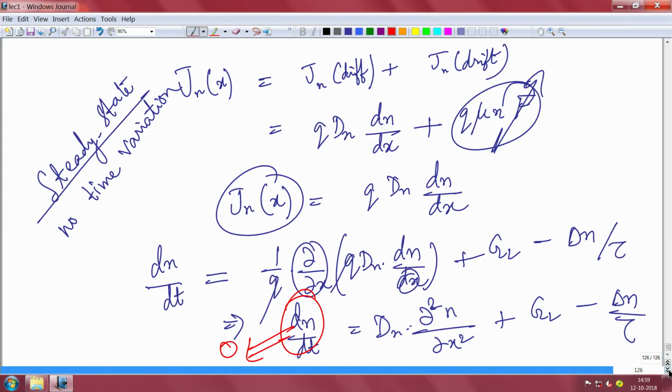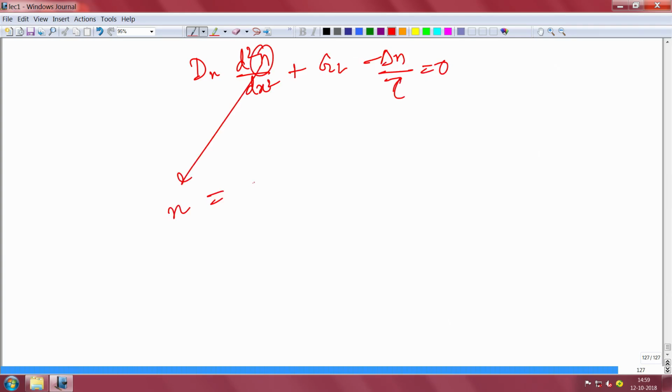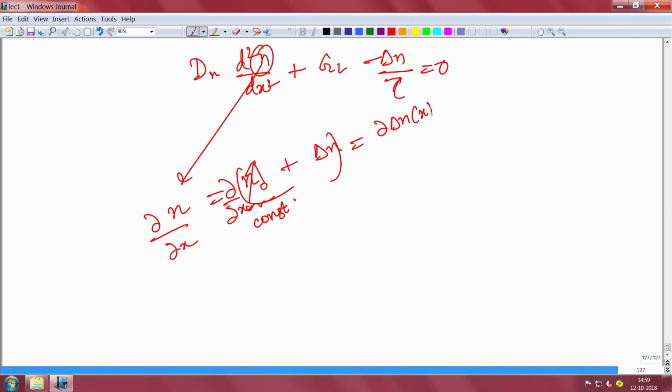Then you will have Dn d square n by dx square plus GL minus delta n by tau is equal to 0. Now this n is actually the equilibrium concentration n naught, which is constant, plus the excess carrier concentration that you are generating, and dn by dx will be the derivative of this, but since n naught is constant, the derivative will only be d delta n of x by dx.